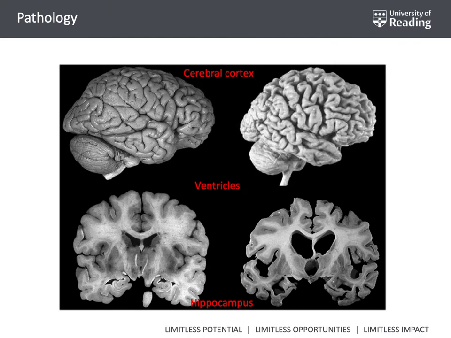So if we look at the brain of someone that's living or no longer living, but someone that has had a diagnosis of dementia. So hopefully you're all familiar with this, sort of the anatomy of the brain. So here on your left-hand side, my right-hand side is a healthy individual, an aged individual. So you can see the nice plump brain here.